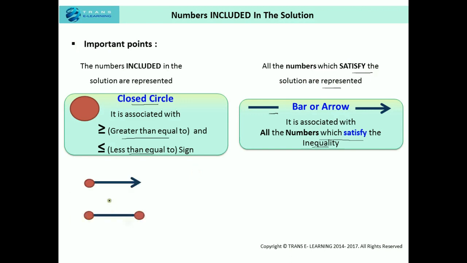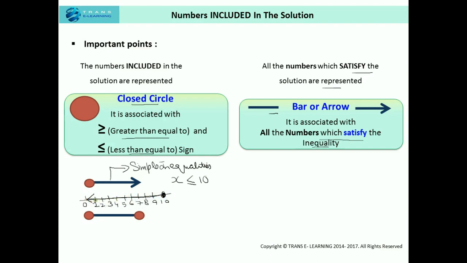Let's see. They are represented with a closed circle and arrow in the case of simple inequalities, like x is less than or equal to 10. In this case, as x is less than or equal to 10, we will mark a closed circle on 10, as 10 is also included in the solution, and then we will represent all the numbers which satisfy the solution with an arrow.